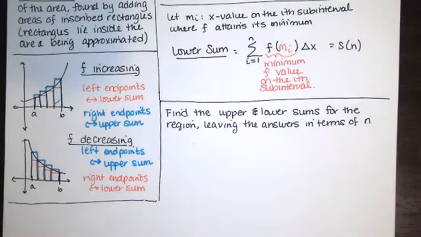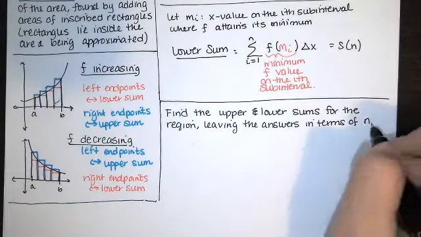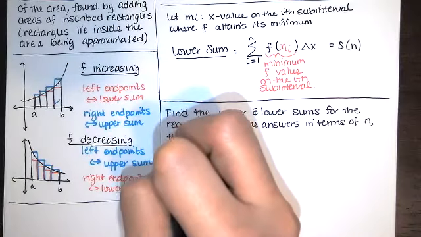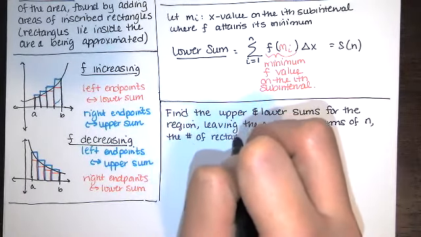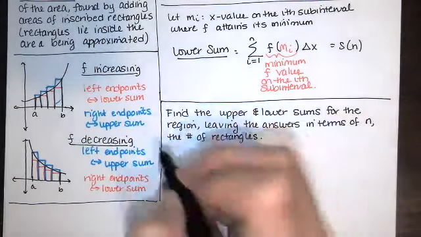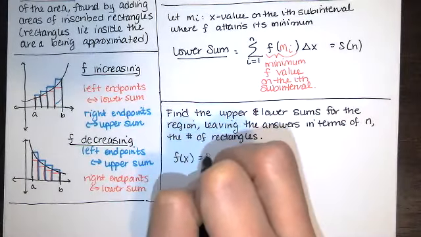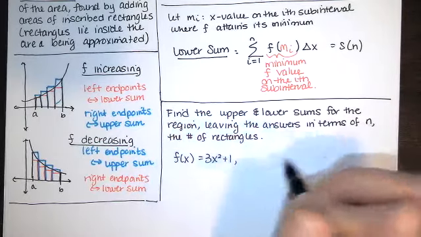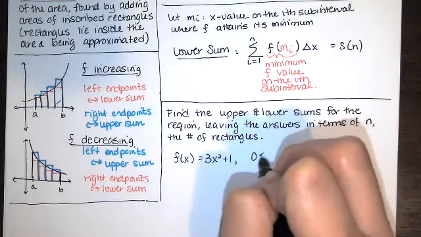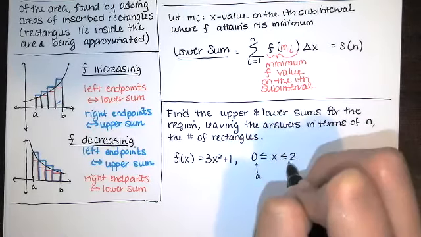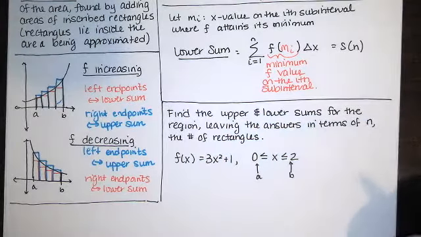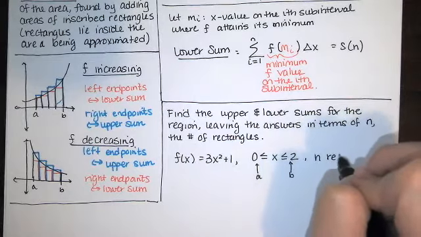And of course, the number of subintervals is the same as the number of rectangles. So our function is 3x squared plus 1. We're on the interval from x equals 0 to 2, so that's our a, and that's our b. And we want this in general for n rectangles.